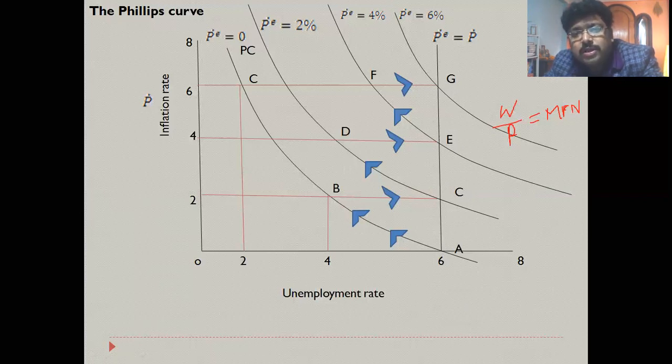So long as there is a difference between the expected inflation and the actual inflation in the mind of the labor suppliers, there is a trade-off, an inverse relationship between the unemployment rate and the inflation rate. But in the long run, it will not exist. In the long run, there is an equalization between the actual inflation rate and the expected inflation rate. So in the long run, the Phillips curve is a vertical line.